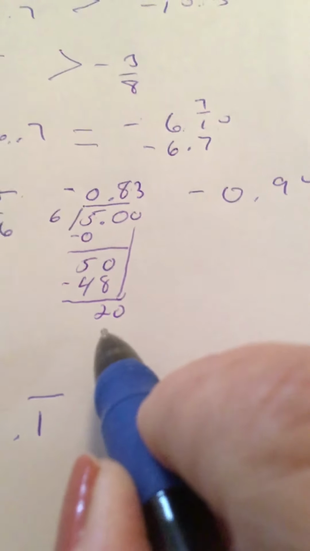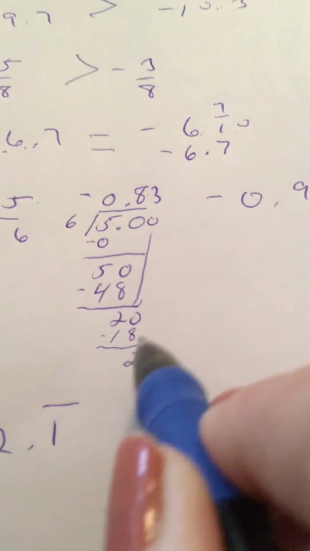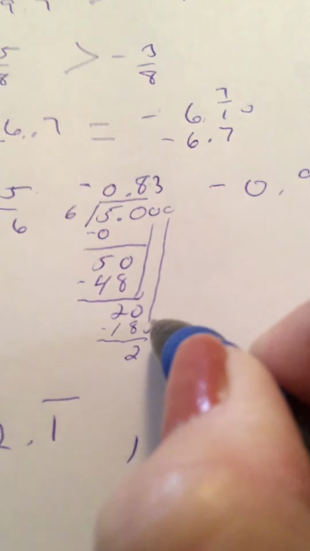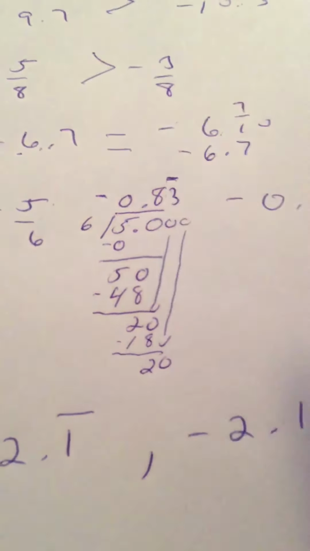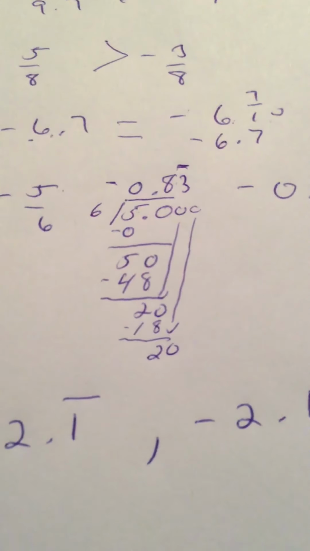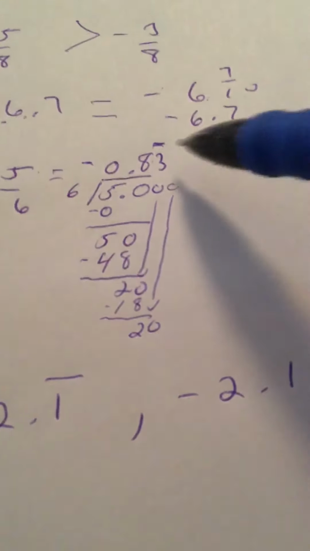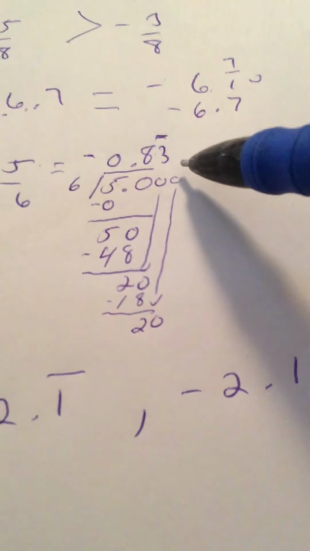And notice, I don't even need to bother doing it again and again, because I'm going to get that 2. And if I'm going to get that 2, I'm going to have my bar notation. So negative 5/6 is now equal to negative 0.83 with the bar notation.